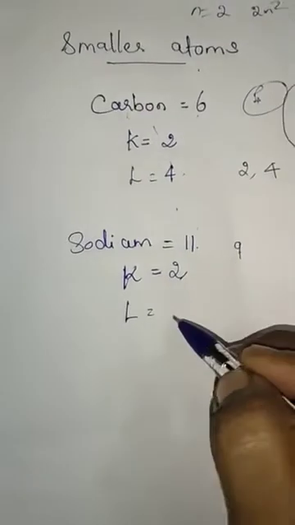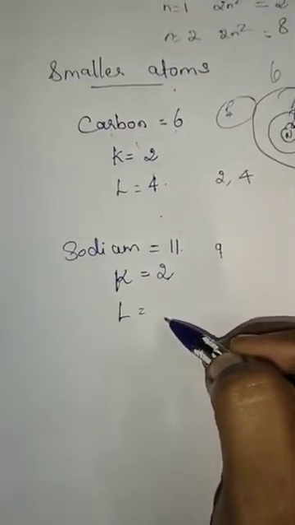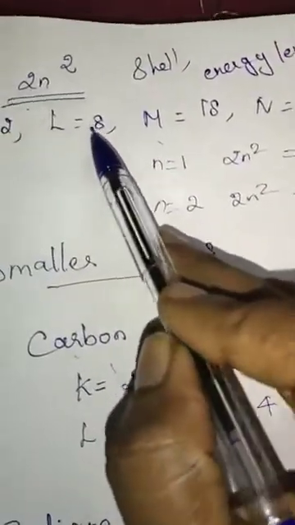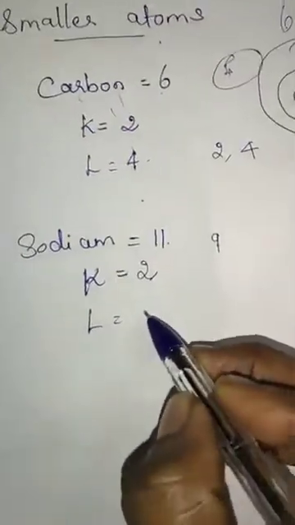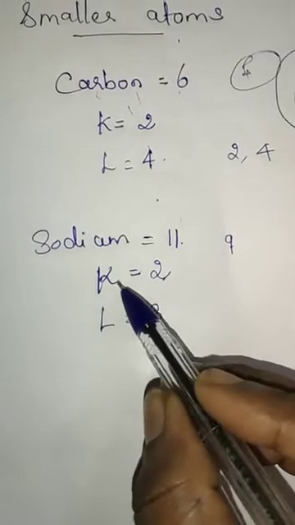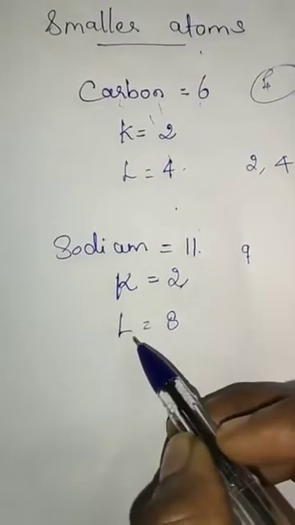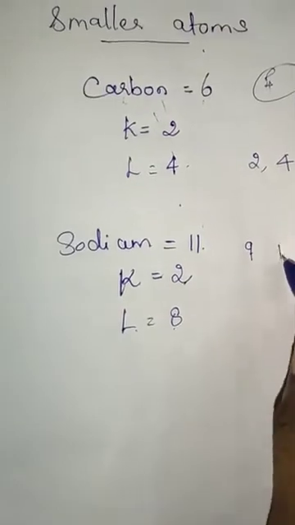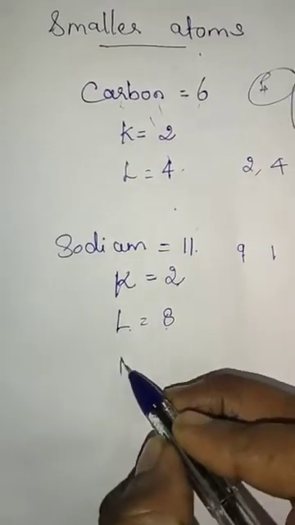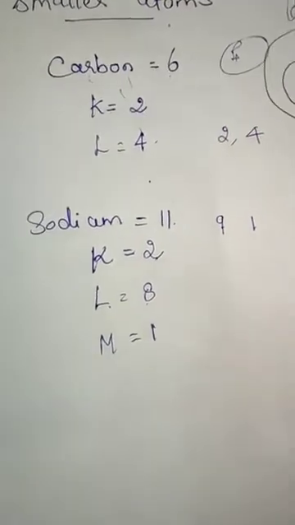Out of 9, can we place them in the L shell? No, because it has a maximum capacity of 8. So we can keep only 8 electrons in the L shell. After filling K, the electrons jump to the next shell L. After filling L, the remaining is 1.